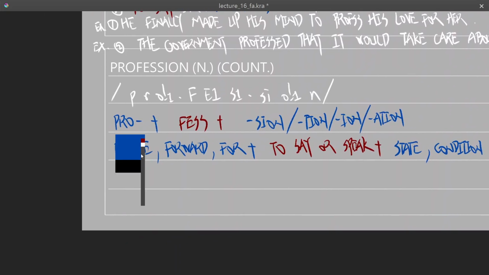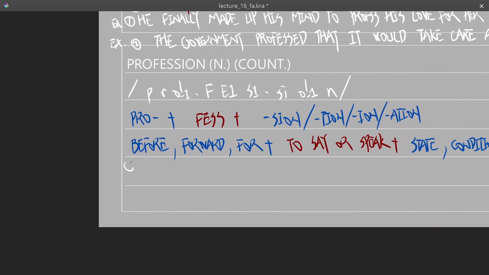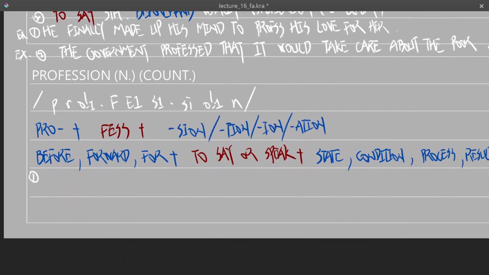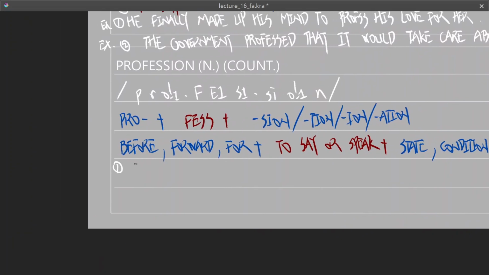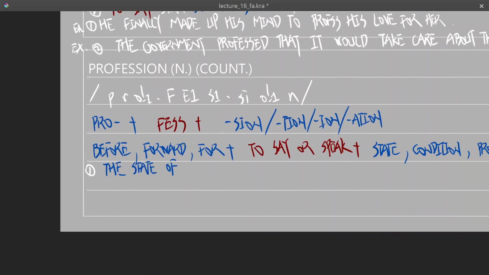The first one is the state of saying something forward publicly.